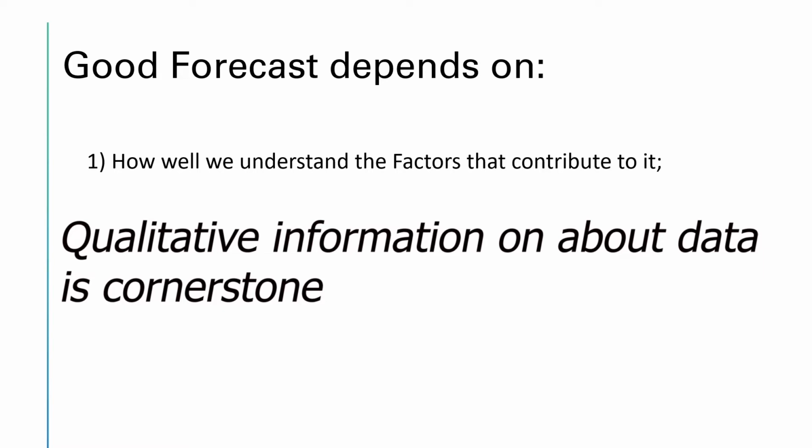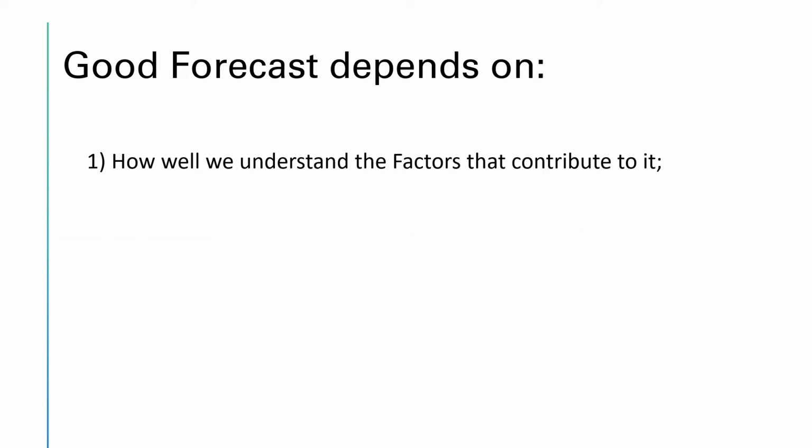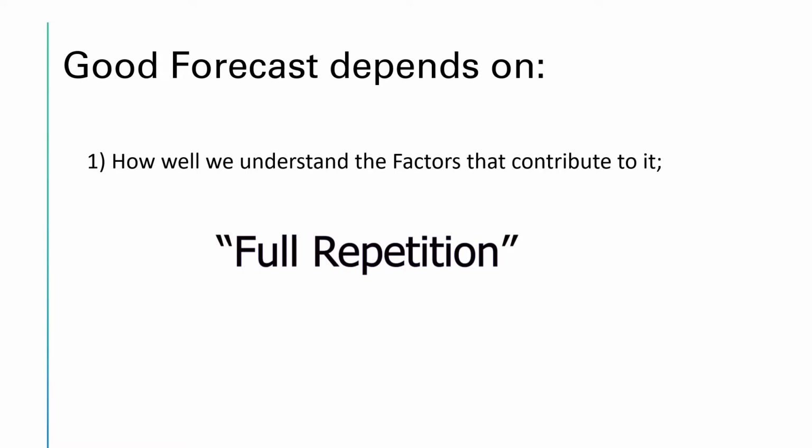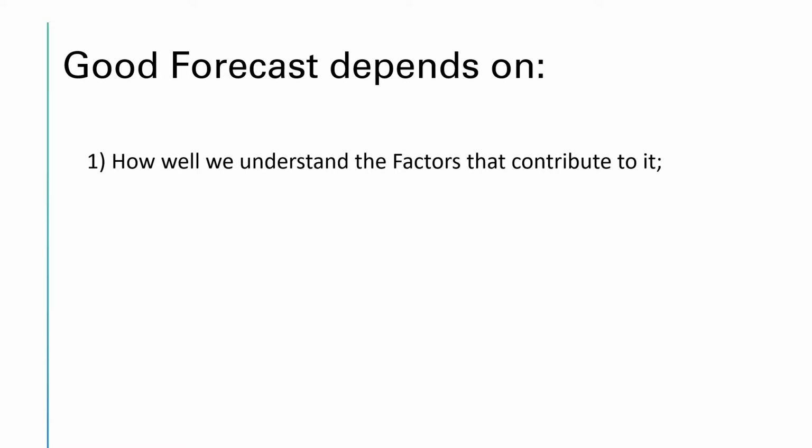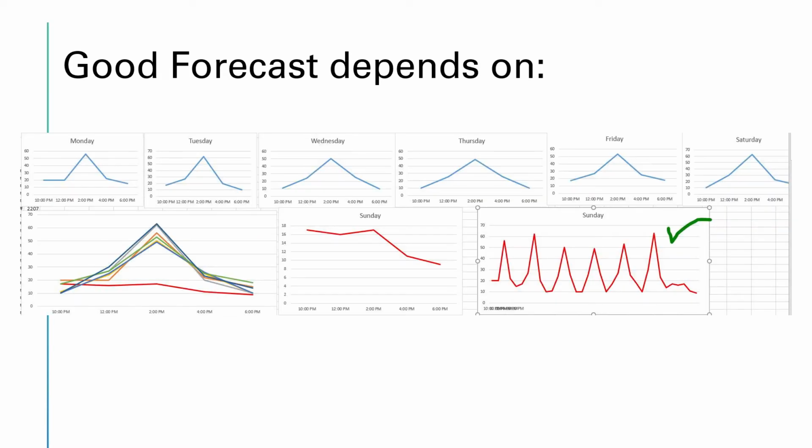A season is a fixed length of time that contains the full repetition. This is crucial. We need to identify the full repetition in time length. You may think your data repeats daily because the peak of sales is at 2 p.m. every day. But if the weekend has a different behavior, for example on Sunday there is no peak, then your season is really a week, not a day.